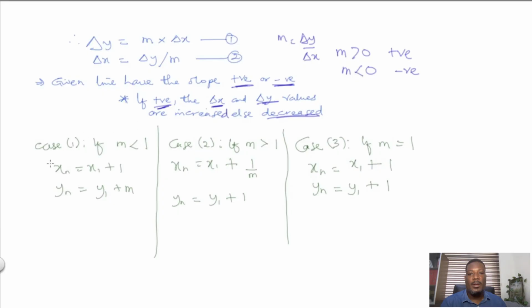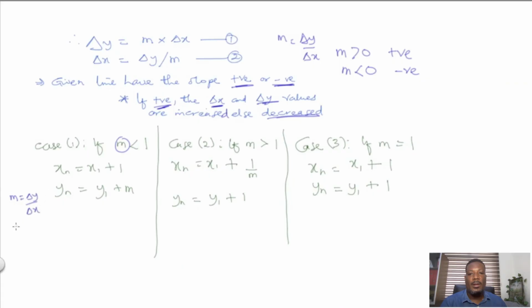The first scenario, or the first case, is when we have the gradient being less than 1. By definition, the gradient is represented as m is equal to the change in y over change in x.